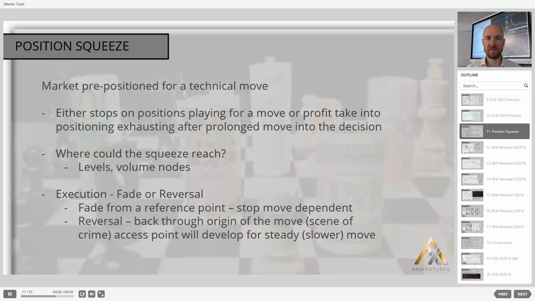The next step is, how do you execute that? And you've got one of two options here. First up, and this is more a case where you have a technical type positioning, is a fade. The idea of the fade is if you get a rush against that technical positioning, that's going to jump to a certain point and give you the opportunity to go straight against that move.